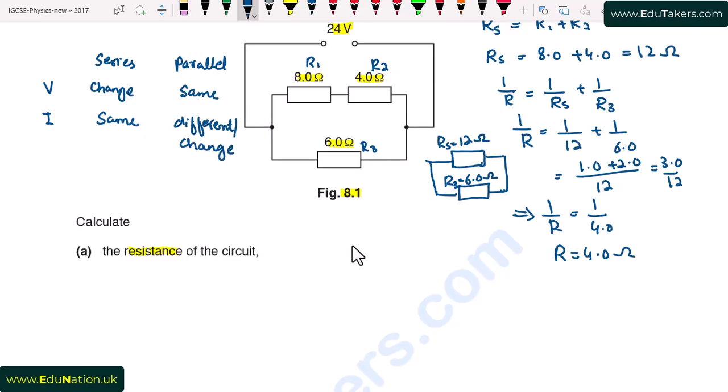Now here we have to find out the potential difference across 8.0 ohm resistance.